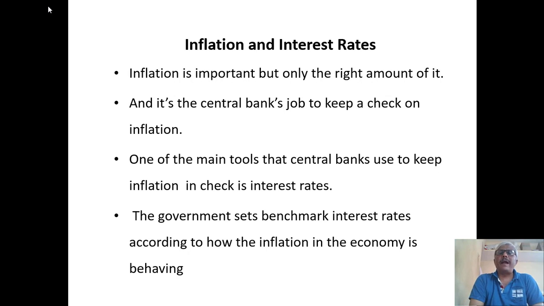So here the central bank's job is to keep a check on inflation. The central bank has to see when inflation has to be controlled, under which circumstances, and what the status of the country is, whether it is deflation or inflation or recovery or recession. Keeping all these things in mind, the central bank has to see that inflation is stable.